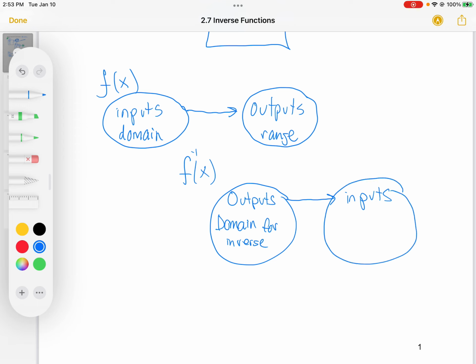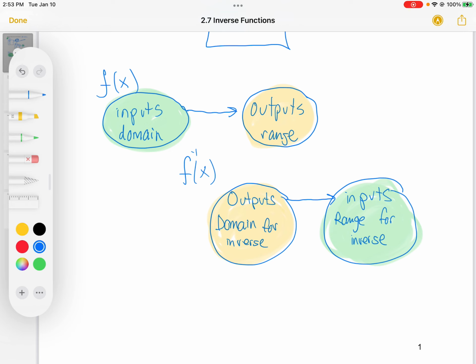And our new range was our domain for the original function. So this domain for our original function now is our range for our inverse function. And the range for our original function becomes our domain for our inverse function.